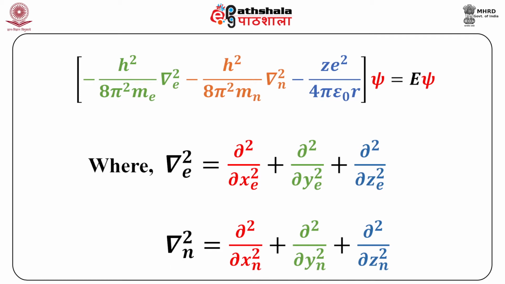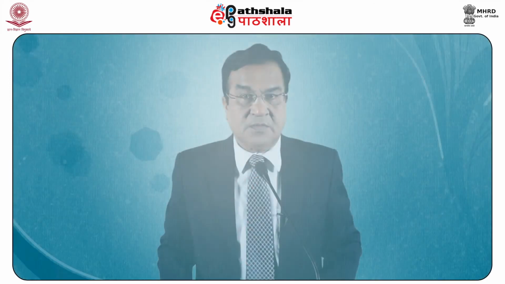This involves the mass of the nucleus, and del n square is in terms of the coordinates of the nucleus. Then potential energy is minus Ze square upon 4 pi epsilon 0 r, and this whole thing acting on psi is equal to E psi. That becomes our Schrödinger equation for hydrogen atom.